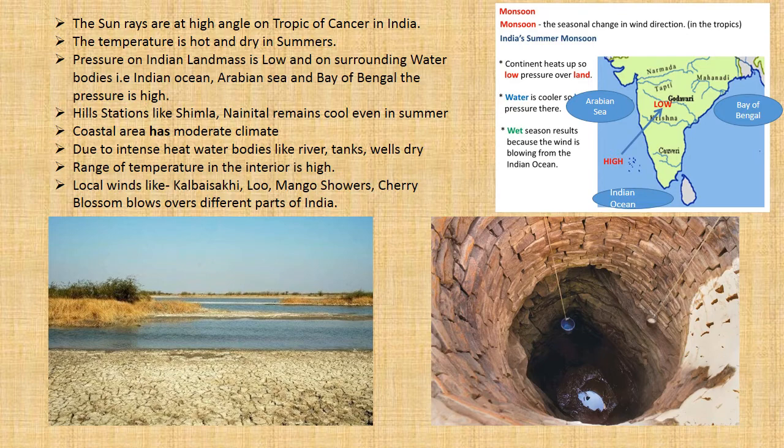That is, from March to the first week of June, we have intense heat all over the landmass. So for 4 months, the land and the water body get heated. And this helps the summer monsoon to pick up the moisture from the surrounding water body.